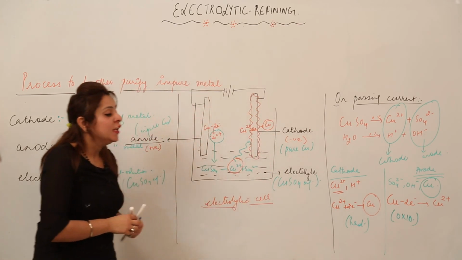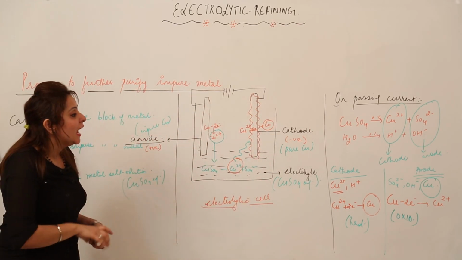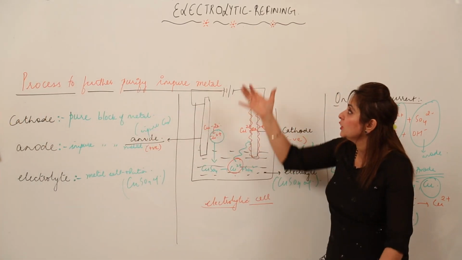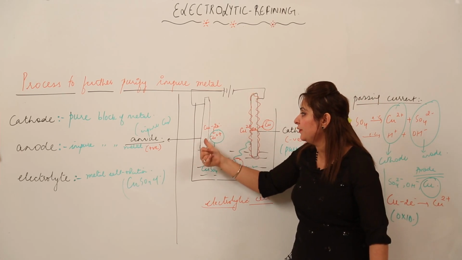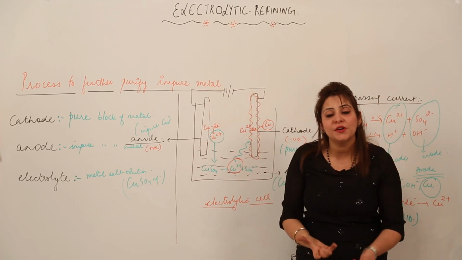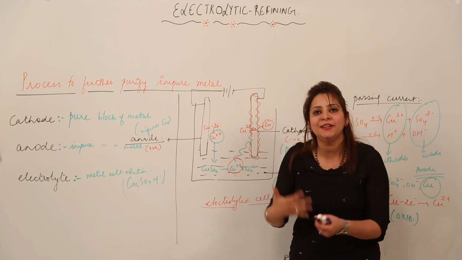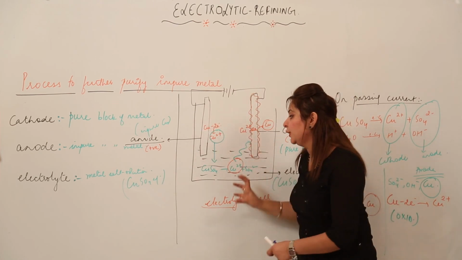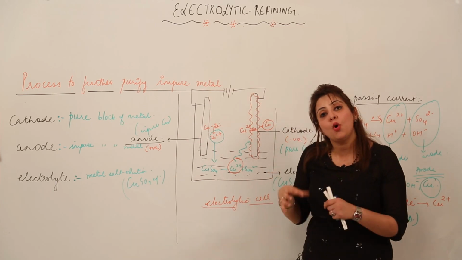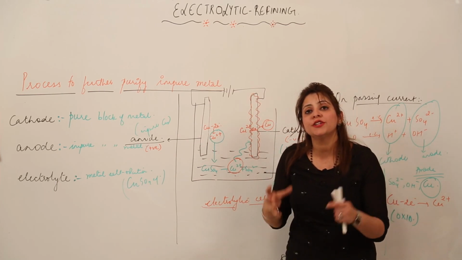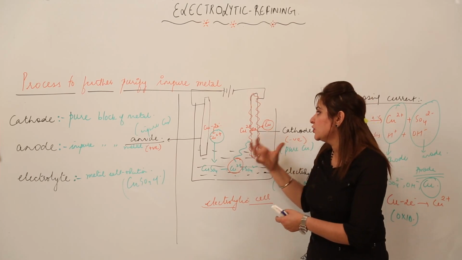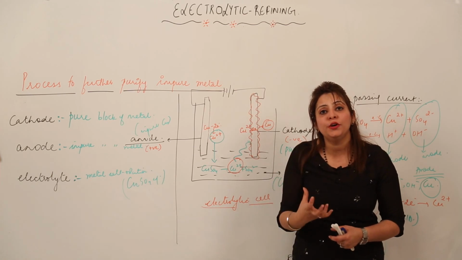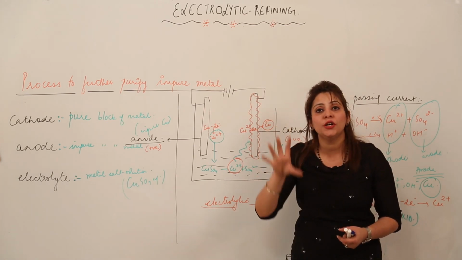This is why we performed this experiment: we need to purify the impure block. The anode block starts dissolving because it is converted into ions that go into the solution, and along with the Cu2+ ions already present they go to the cathode, where they gain 2 electrons back and change into copper metal, and that purified layer is coated on the cathode.